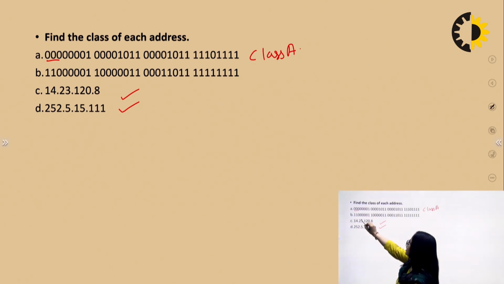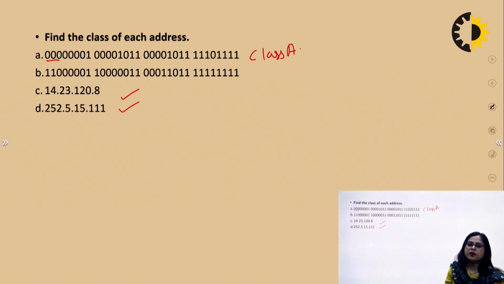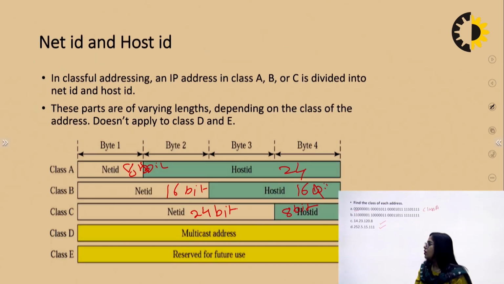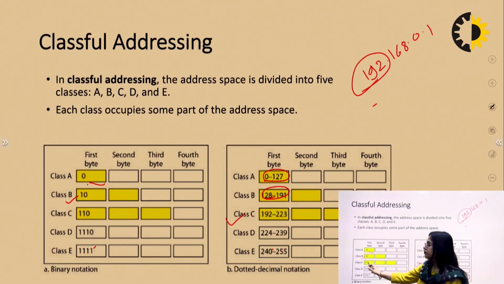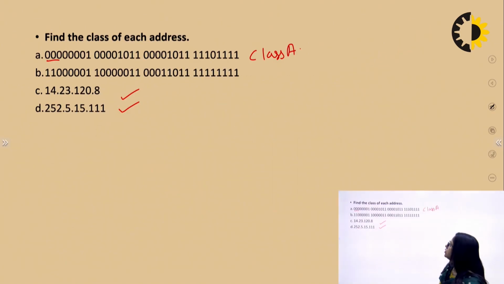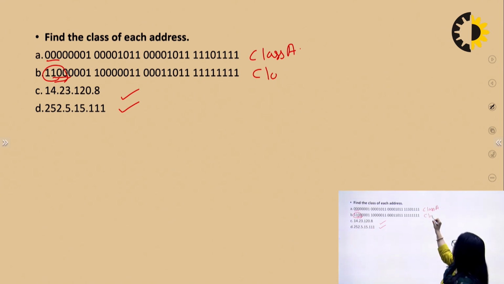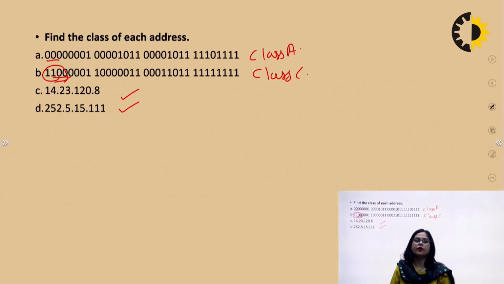Now in the second, the 110 bit pattern is reserved for class C, and as we can see, the 110 is present in binary, so this is a class C address. Here the range is starting from 14.23.120.8.